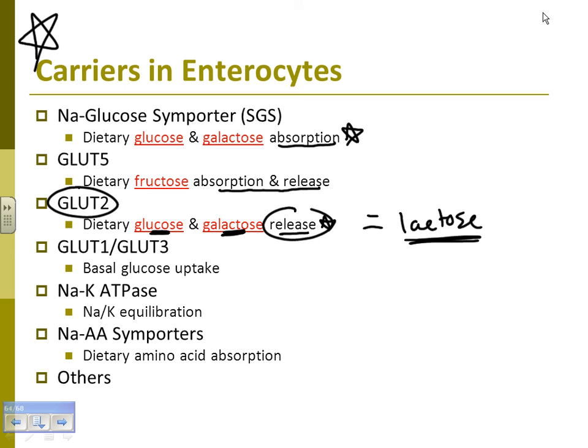GLUT2. That's how he's going to ask this sort of question. And this one has 3 molecules involved, sodium, potassium, and ATP. And we talked about this at the end of Unit 4, that sodium amino acid symporter. Remember, GLUT5 does fructose, and it does both.